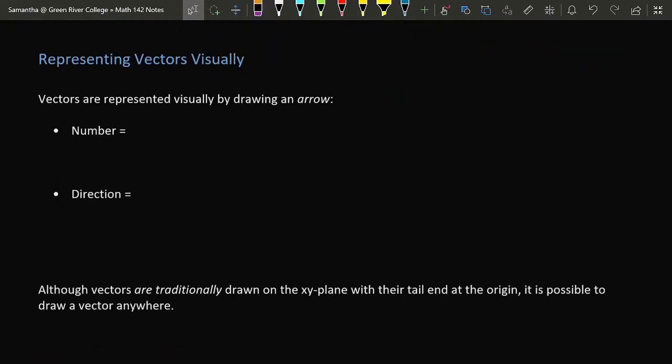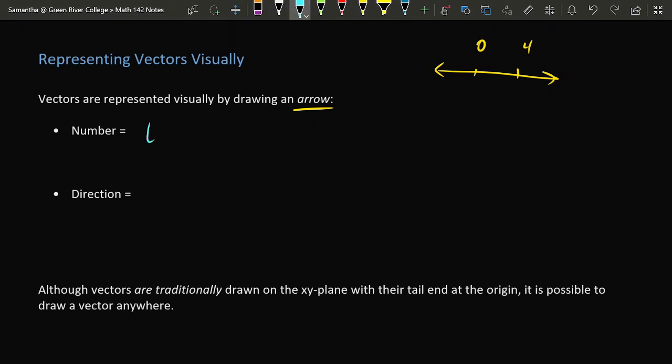Now, just like individual numbers can be represented on a number line, there is also a way to visually represent vectors. Vectors are represented visually as arrows. And when you're drawing an arrow that represents a vector, the following two principles apply.